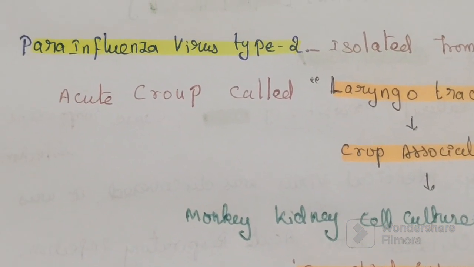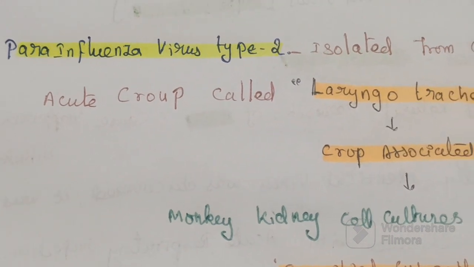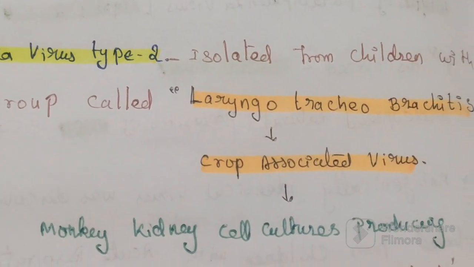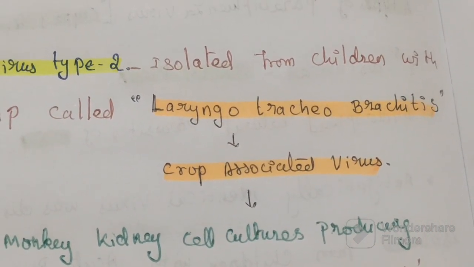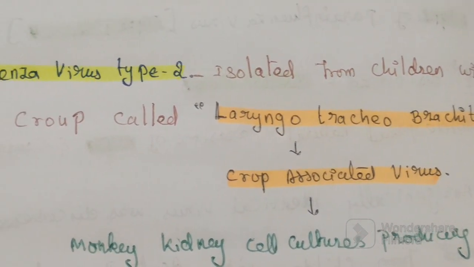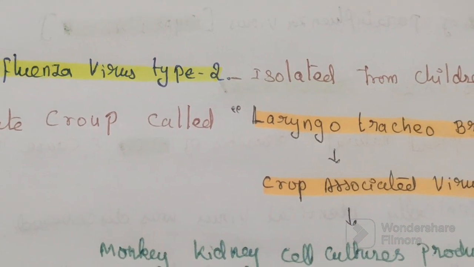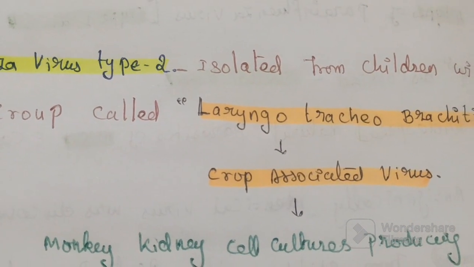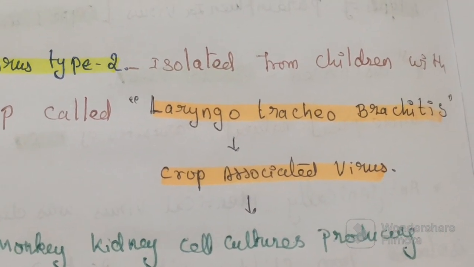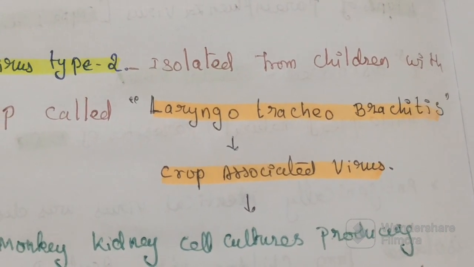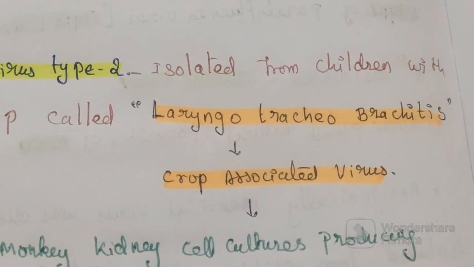Now coming to parainfluenza virus type 2. This type 2 virus was isolated from children with acute croup called laryngotracheobronchitis, that means inflammation of larynx, trachea and bronchi.